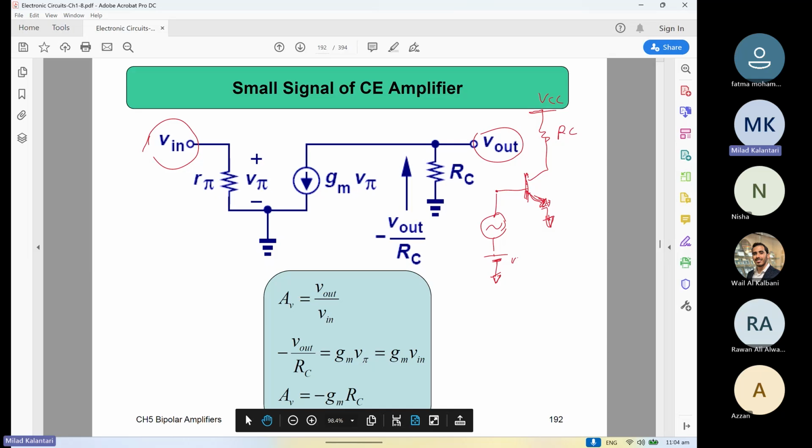So VCC is zero, so in the small signal model, or the AC model, we are assuming that the RC is connected to zero from one side, right? And here we have the V in source, and then we want to figure out what is the V out to the V in.